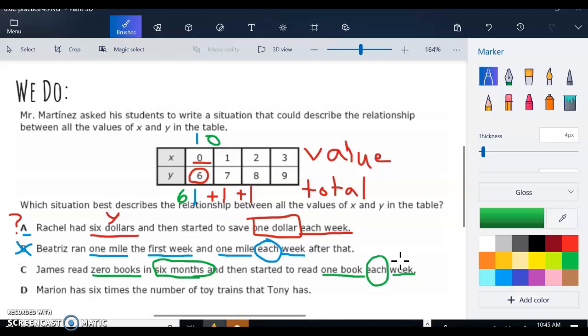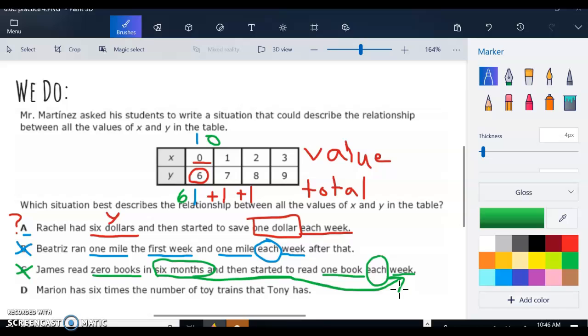You can't just go from time to time and have a consistent math problem. It doesn't work like that. Since those time values changed, it cannot be answer choice C. You jumped from months to weeks, so don't let that confuse you. It's trying to trick you there.